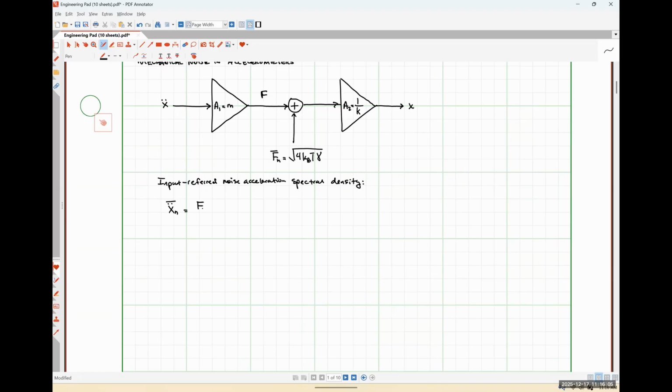And that is going to be simply our noise force divided by the gain of stage one, or the square root of 4 kBt gamma over m.